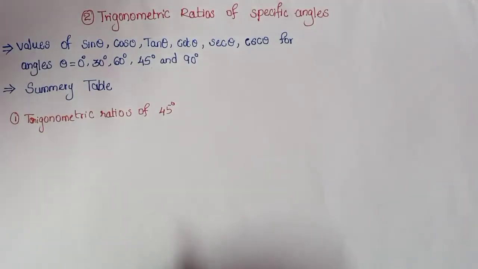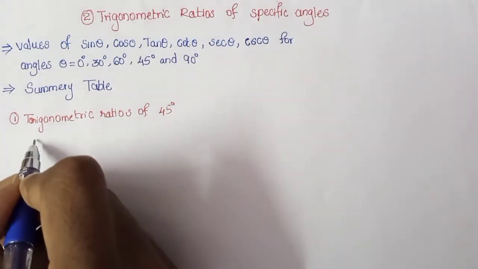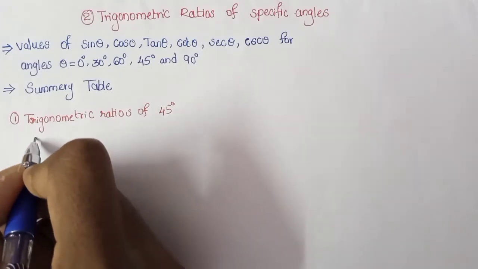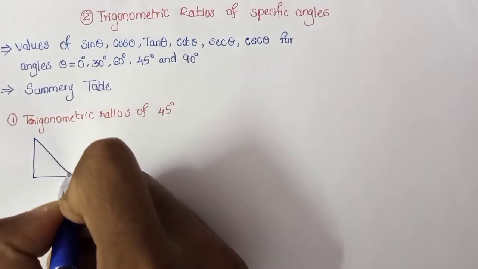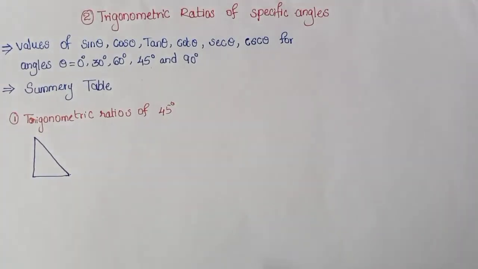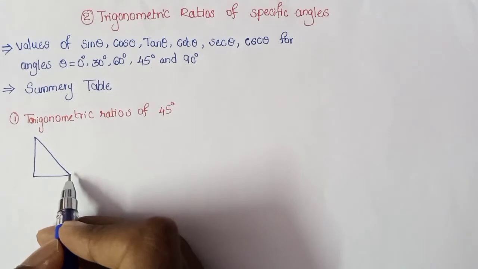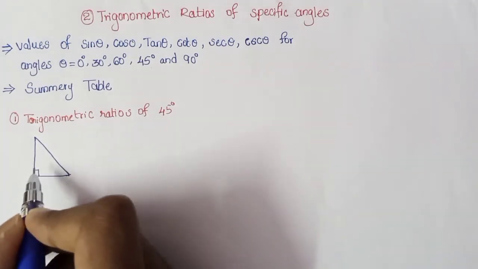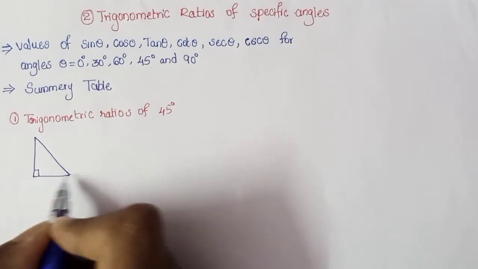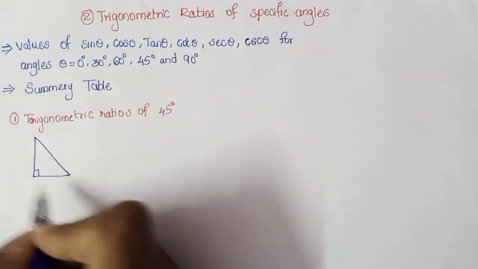First, consider a right angle triangle which is an isosceles triangle. What do we mean by an isosceles triangle? It means two sides are equal. In a right angle triangle, the hypotenuse is longer than the other two sides, so an isosceles right angle triangle means the two sides other than the hypotenuse are equal.